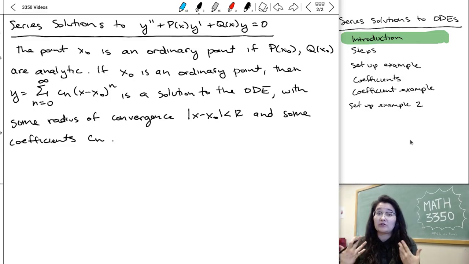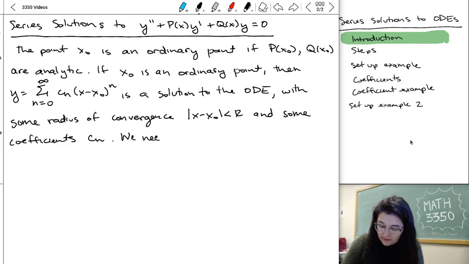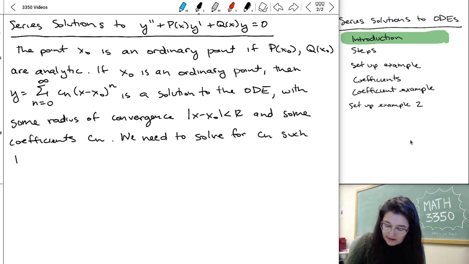And then if we want to actually know what that solution is, we need to solve for c sub n such that the ODE is satisfied.